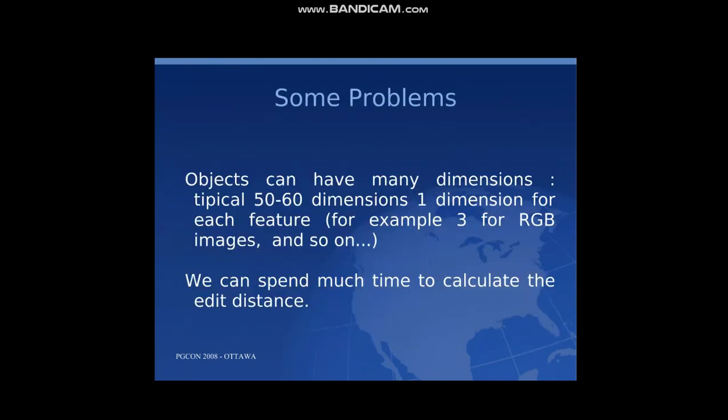Some problems: objects can have many dimensions, typically 50 to 60 dimensions, one dimension for each feature, for example 3 for RGB images, and so on. We can spend much time calculating the edit distance.